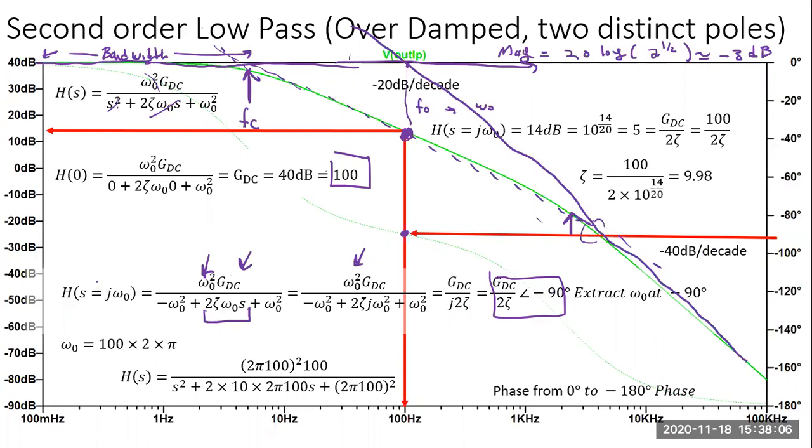And so you just read the magnitude at that point, which looks like it's 15. No, I said it was 14. That's over here. So I read this off the chart, right? 14 dB. Convert that, it's 5. Then solve for the damping ratio coefficient, and it's 10. It was 10, I know, in the example.